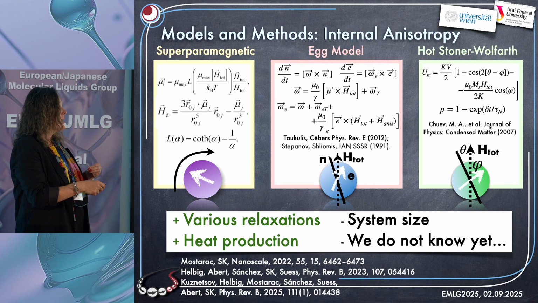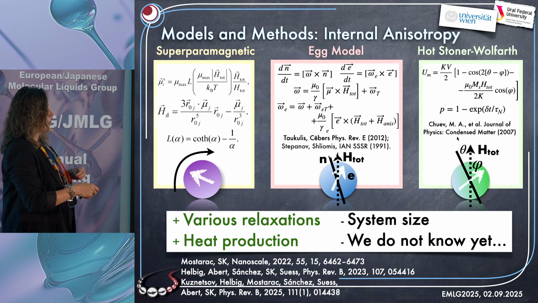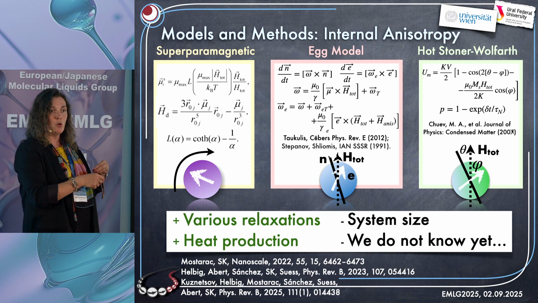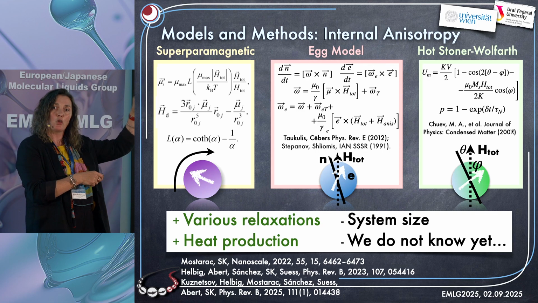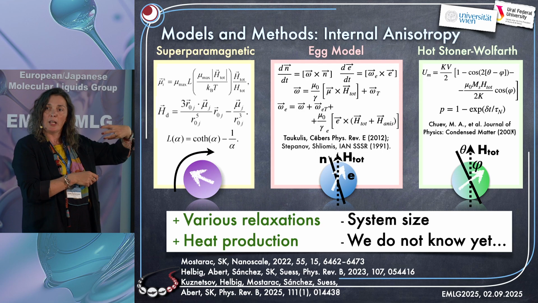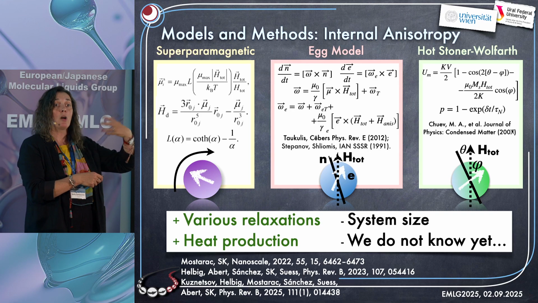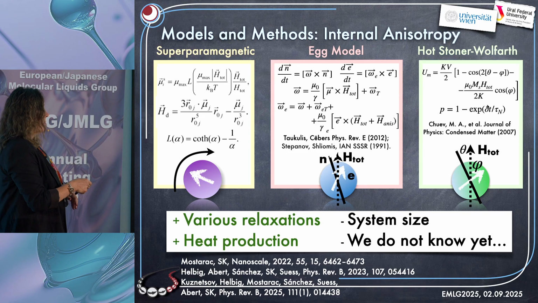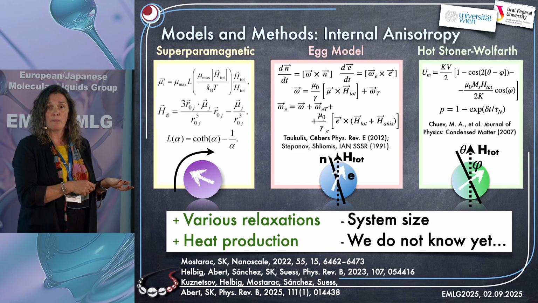So you combine, technically, molecular dynamics with a Monte Carlo step. You do the equation of motion, you calculate the field acting on each particle, you calculate the probability of a switch, and you either switch or you don't switch. This is a good, very fast working model for very anisotropic particles.